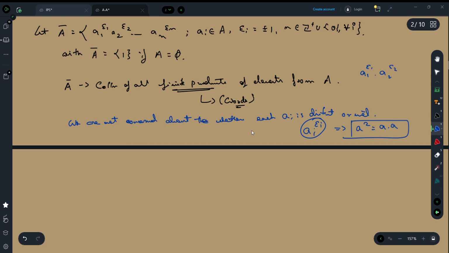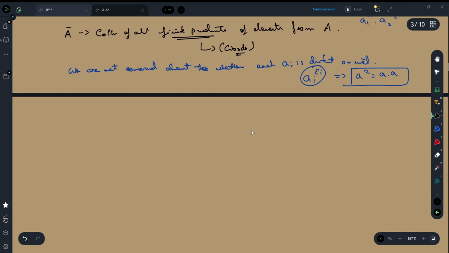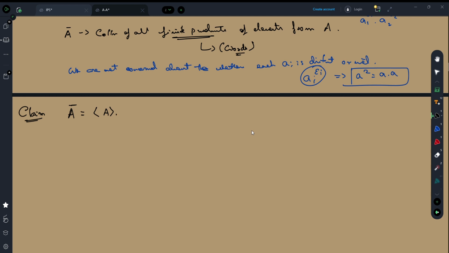So precisely, it doesn't matter whether they are different or the same. Whatever. So our goal is, or rather I claim, that this collection A bar is nothing but the subgroup generated by A.